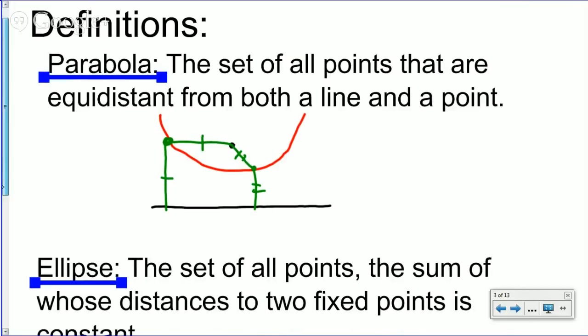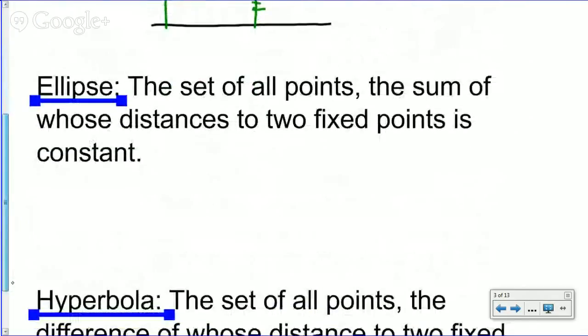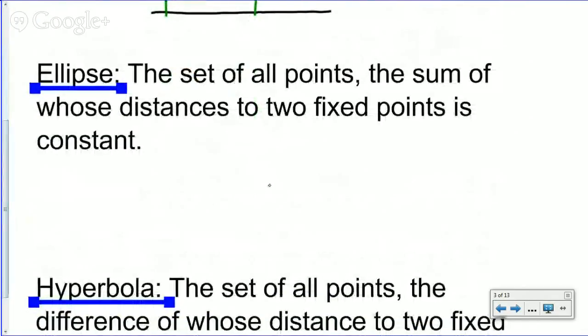Ellipse. An ellipse is a set of all points, the sum of whose distances to two fixed points is a constant. So again, I've got a fixed point here and here, and I've got some ellipse here. I'm not the best at drawing these. Ooh, that's really bad.